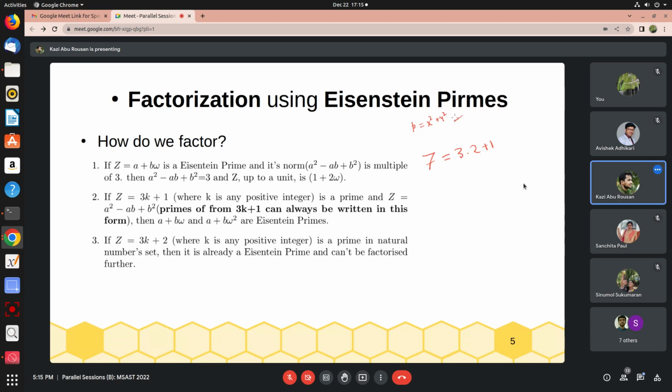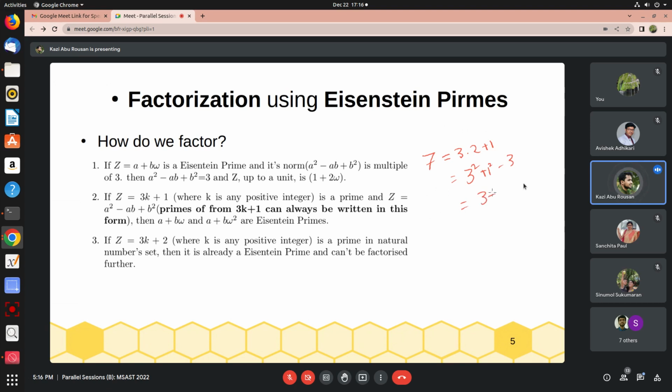These two things are very similar, where rather than 4k plus 1, we are using 3k plus 1, but with exactly the same type of structure. So 7 is 3 into 2 plus 1, and we can very easily write it in this form.